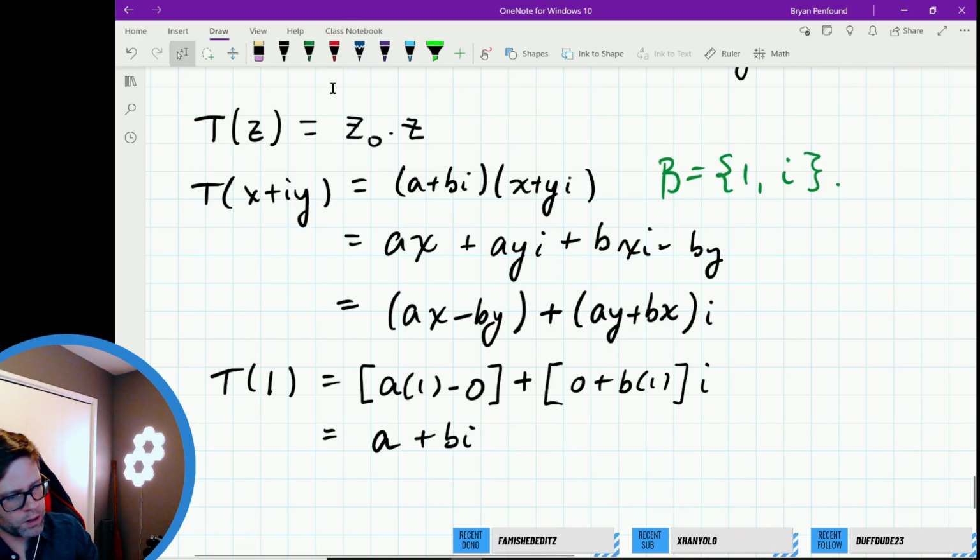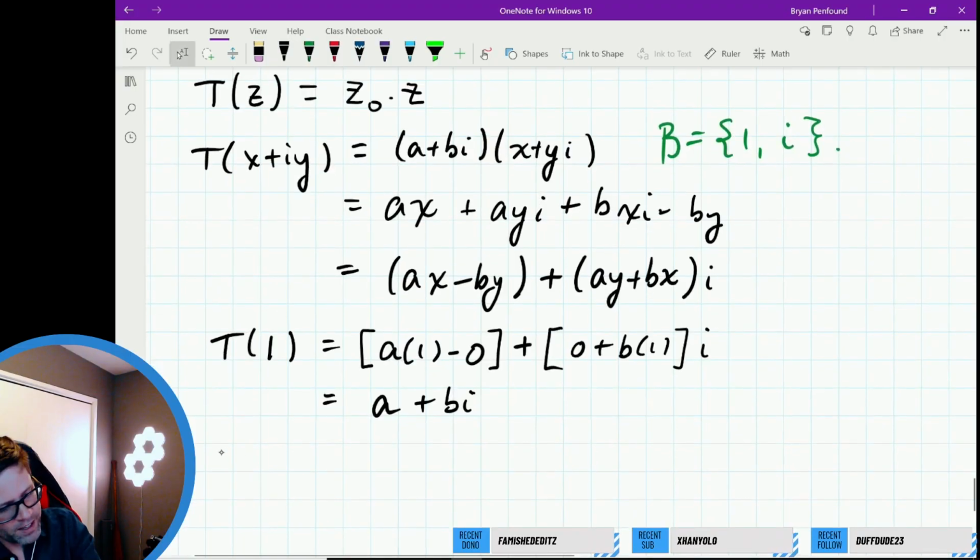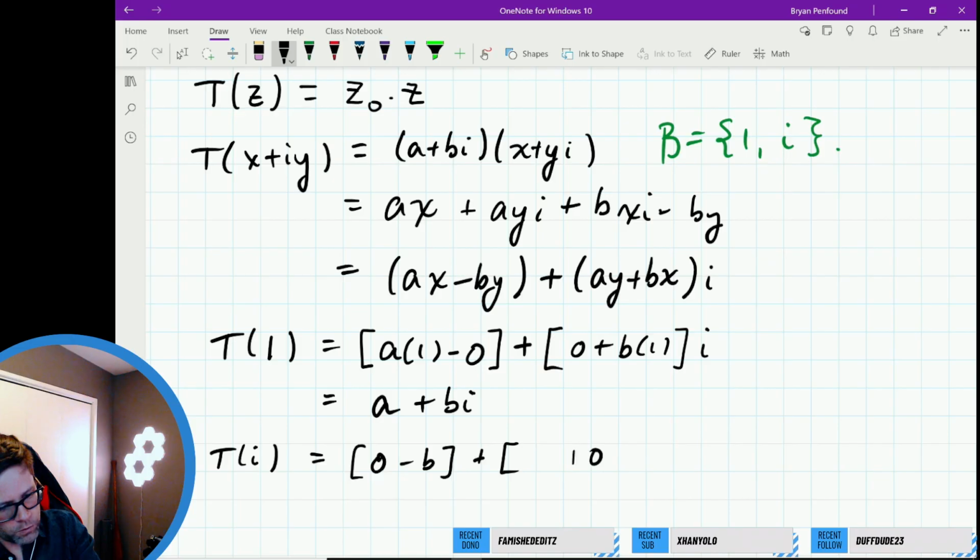That would make complete sense because z is 1. Okay, cool. And then T of i, that means x is 0 and y is 1.